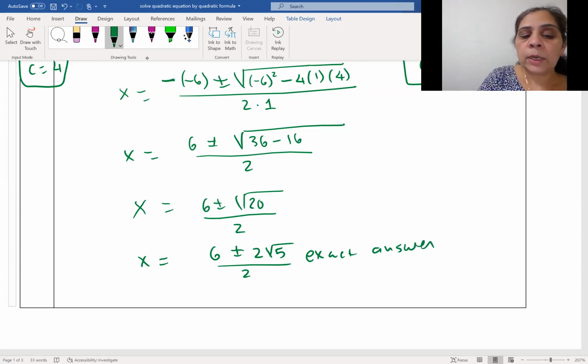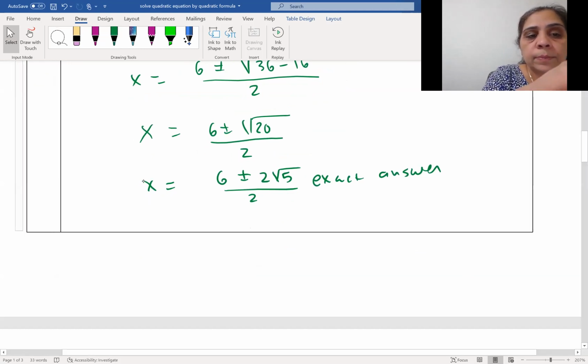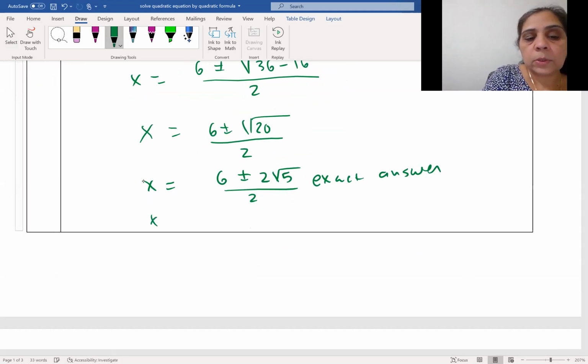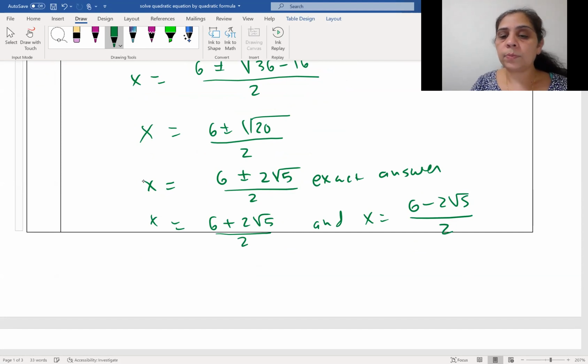And if you need to estimate, you will enter it in the calculator and get your answer. So you will do x equals 6 plus 2 square root 5 over 2, and x equals 6 minus 2 square root 5 over 2.